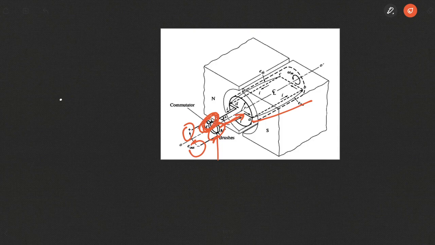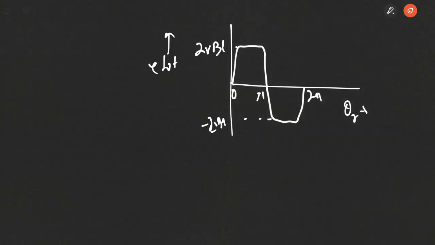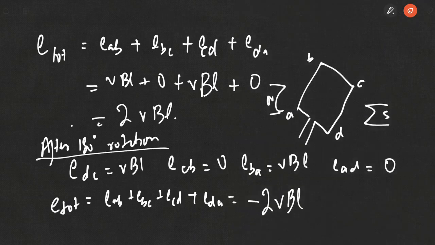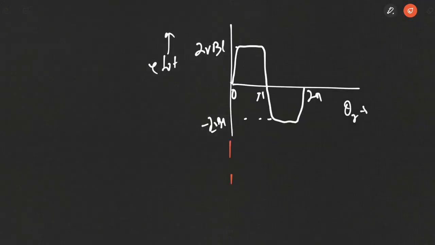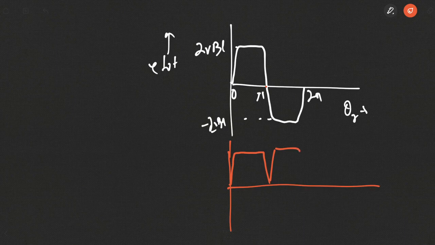So the output voltage, if we have drawn the voltage like this, the output voltage that the brushes will actually obtain is something like this.